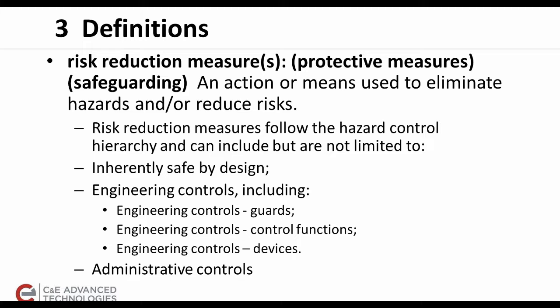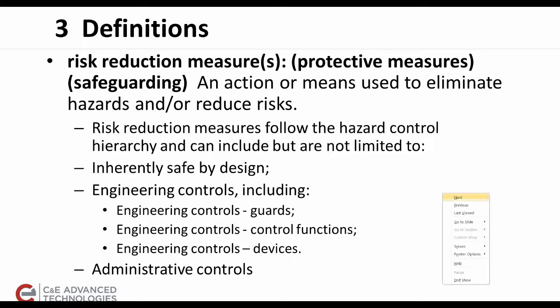The most effective method of reducing risk or eliminating hazard, of course, is what we call inherently safe by design. That is that the machine, the system is designed so it does not have any inherent risks attendant to it. After that, we have the engineering control. These are risk reduction measures that are added physically to the main machine, and again, are comprised of guards, control functions, and devices.